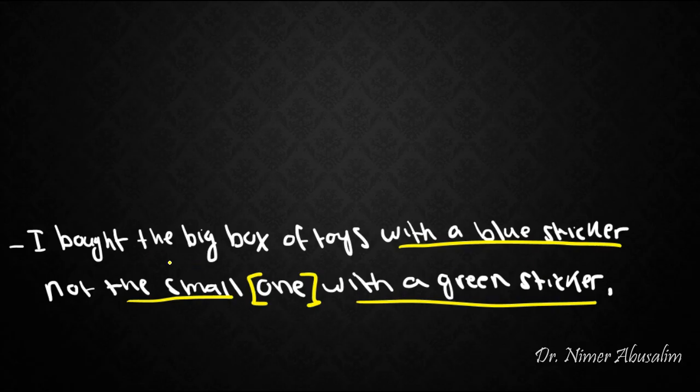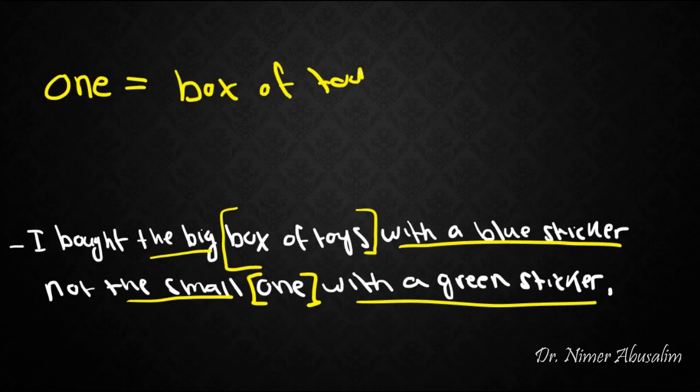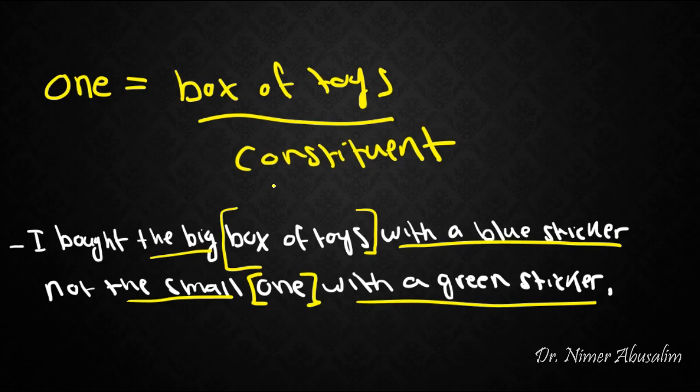So what are we missing? We're missing only box of toys. So one here replaces box of toys. One equals box of toys. That means box of toys is a constituent. It forms a constituent. It is one unit, one structure together.